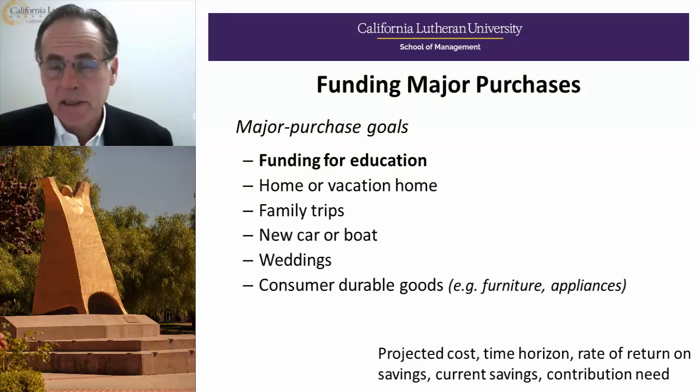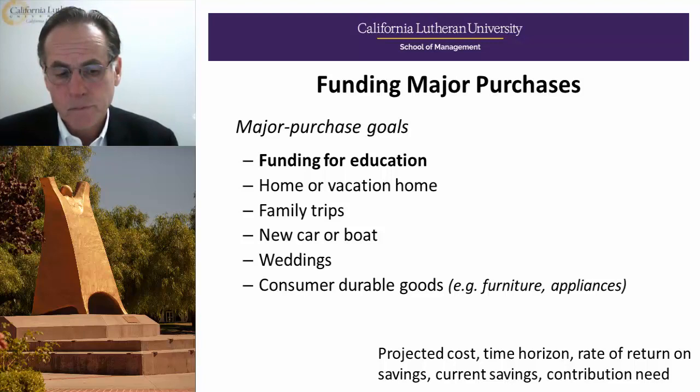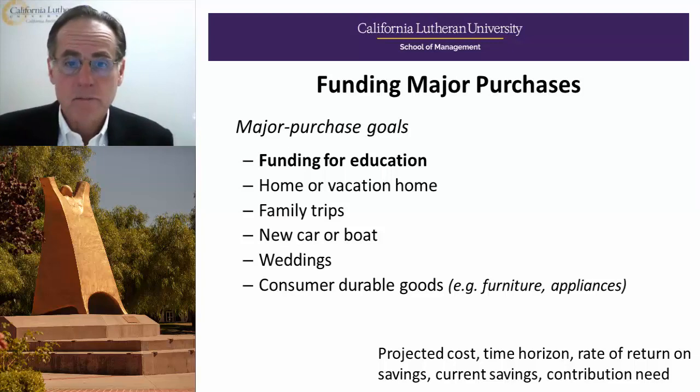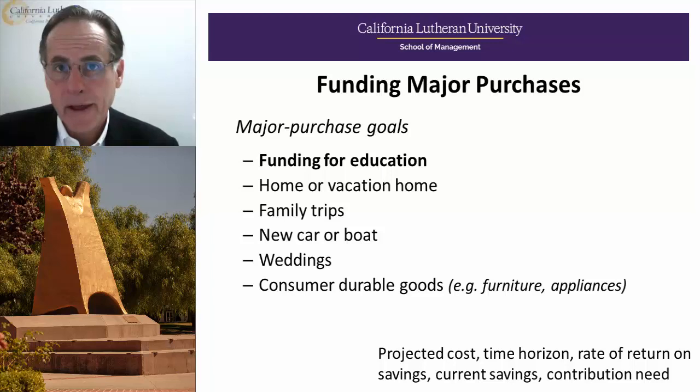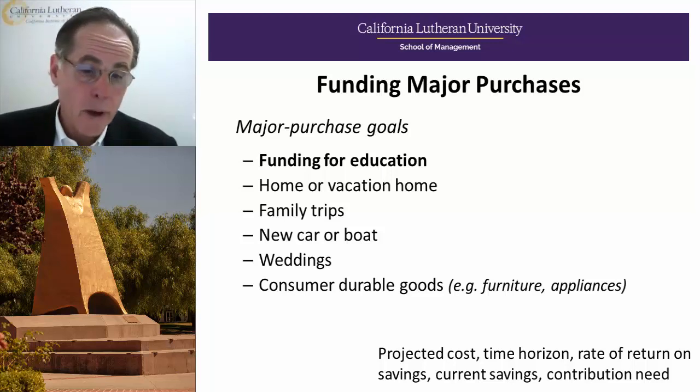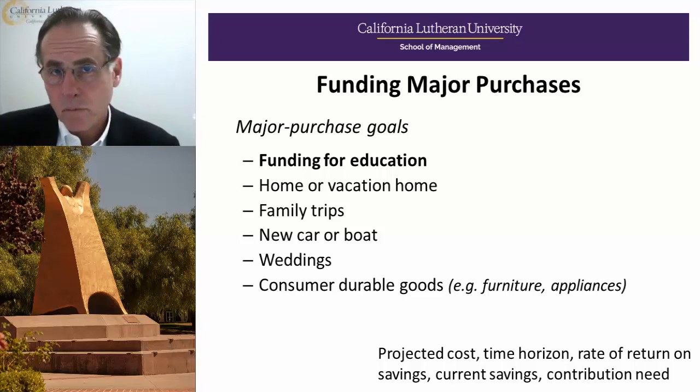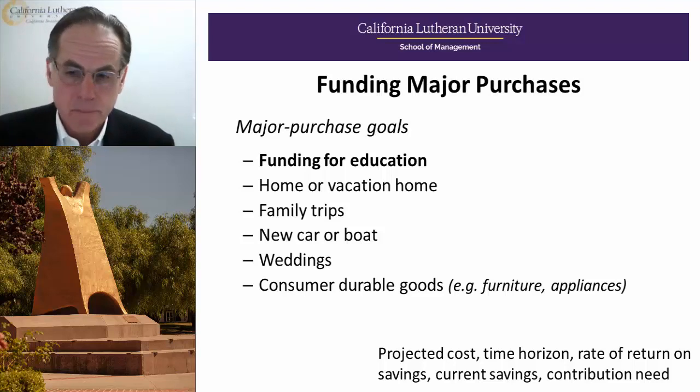One of the consistent tasks that you'll be involved in working with your clients is helping them fund for major purchases. And some of those include funding for education, purchasing a home or maybe a second home, a vacation home, planning for a major family trip, perhaps purchasing that new car, that new boat, planning for a wedding, and consumer durable goods, which cost more than just a portion of a monthly paycheck.